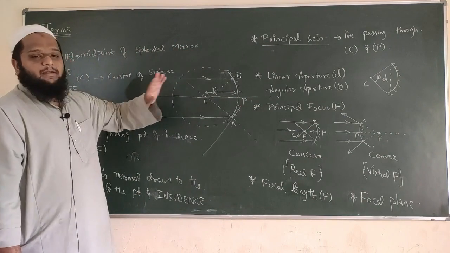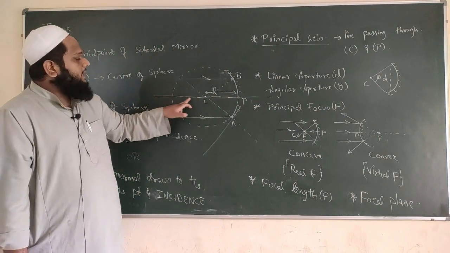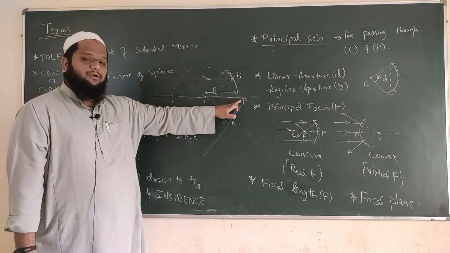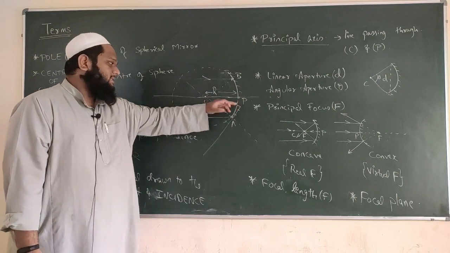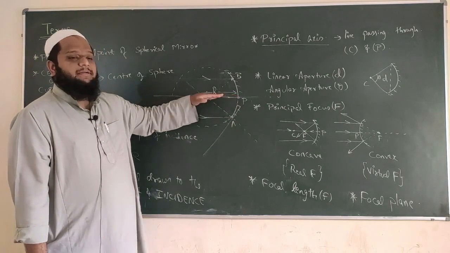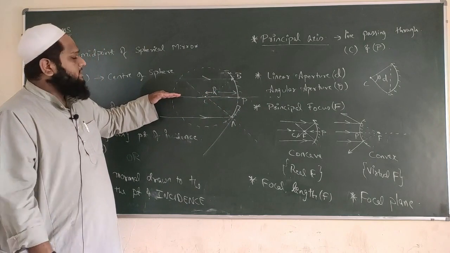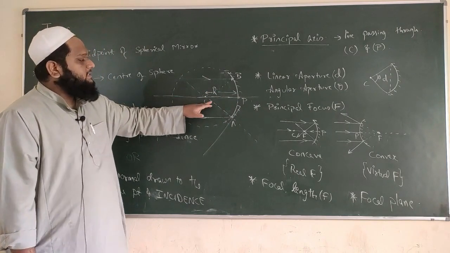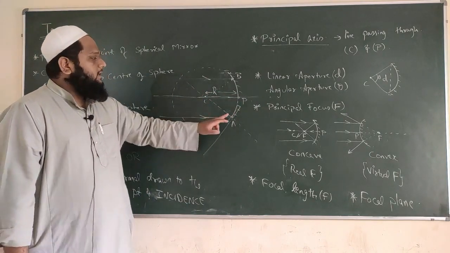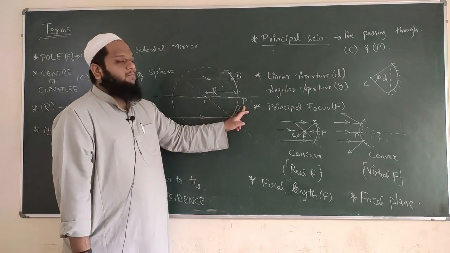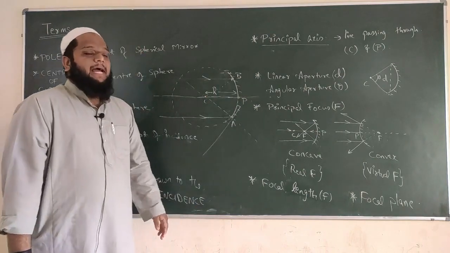To be honest, it should be a dotted line. On this itself, we do all the measurements. So the principal axis is the basic term: the line joining the center of curvature and the pole is called the principal axis.